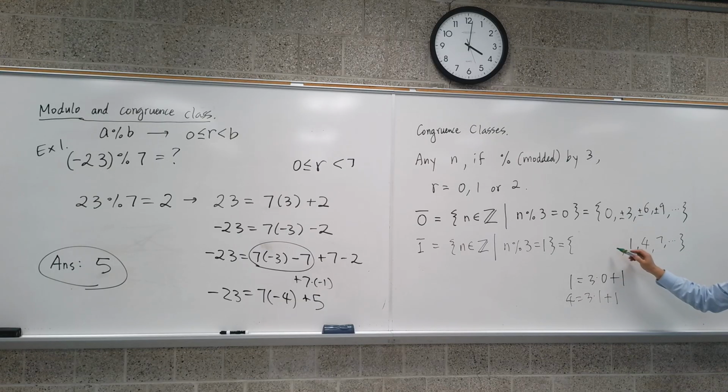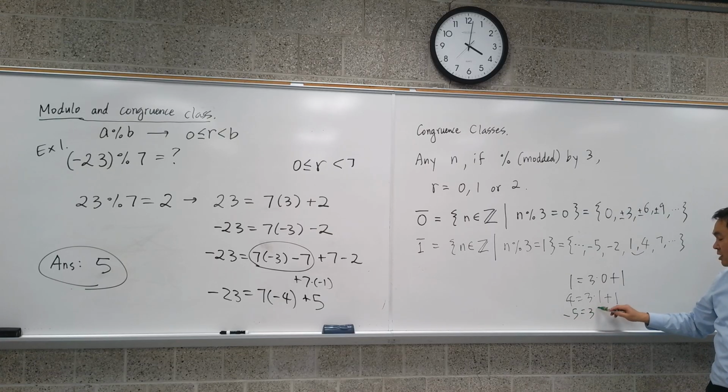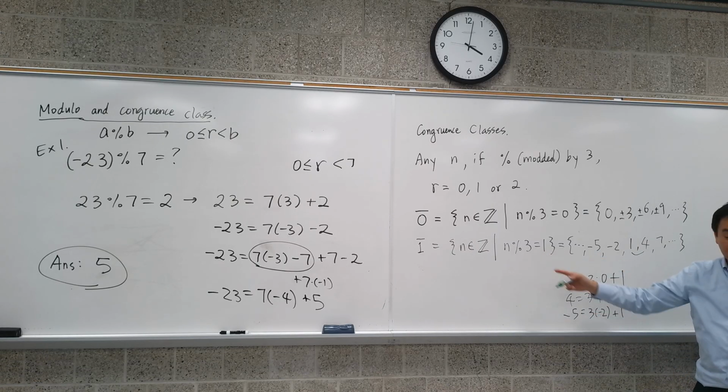So if you want to go to the negative side, you have to subtract 3. So 1 minus 3 is negative 2. Negative 2 minus 3 is negative 5. All of these numbers. So for example, negative 5 is 3 times negative 2 plus 1. So it's in this set. It satisfies this equation.